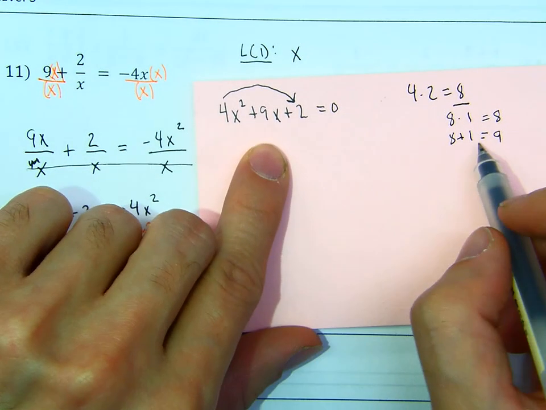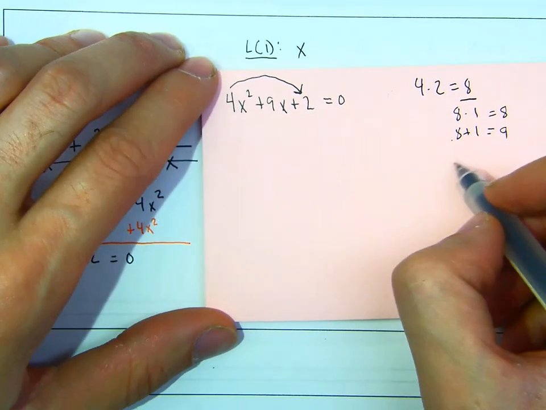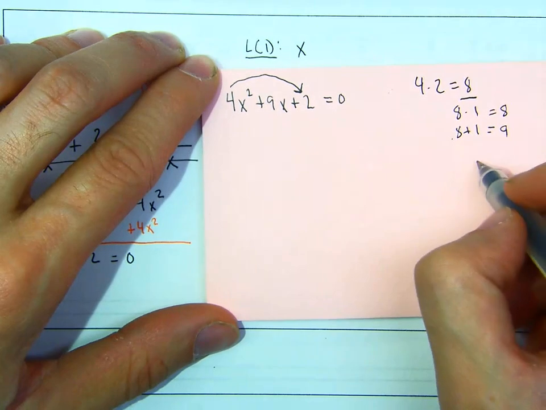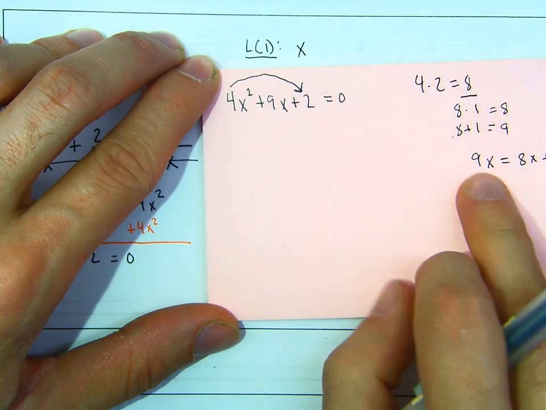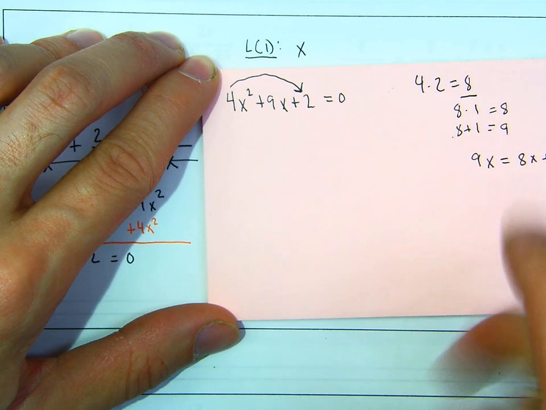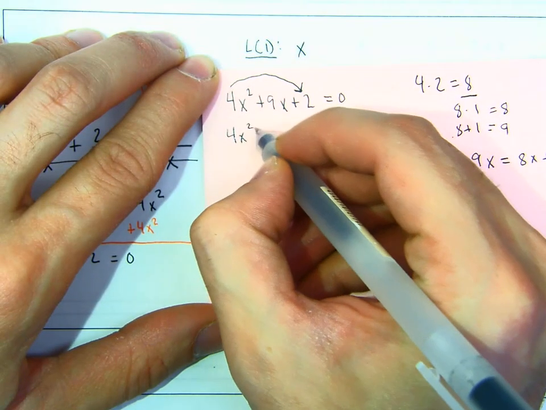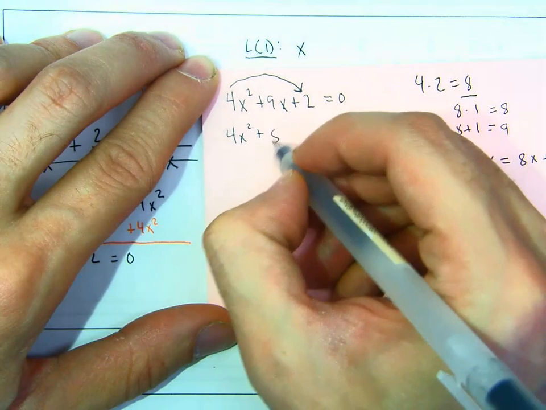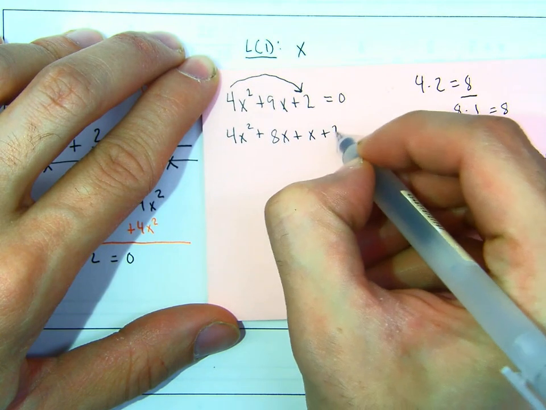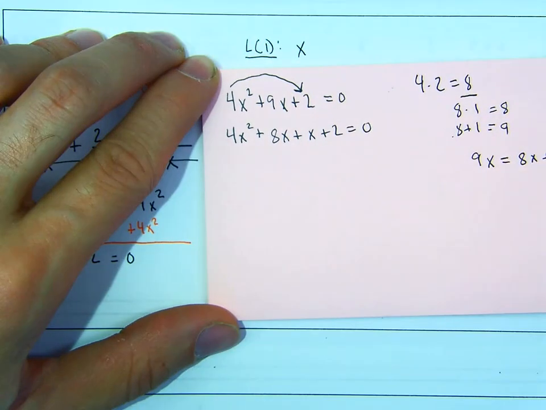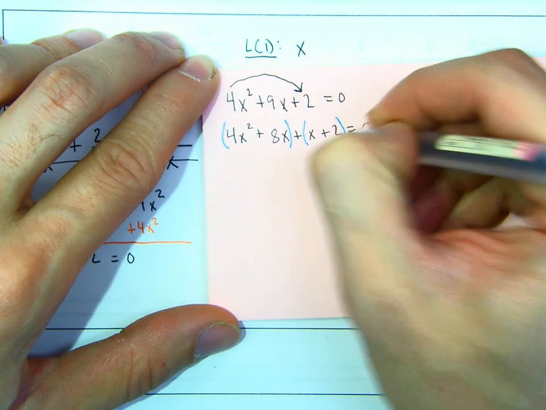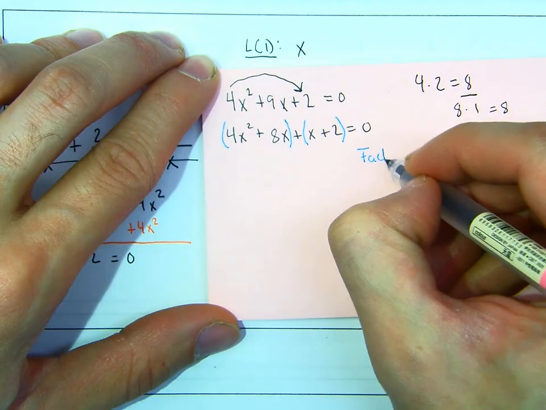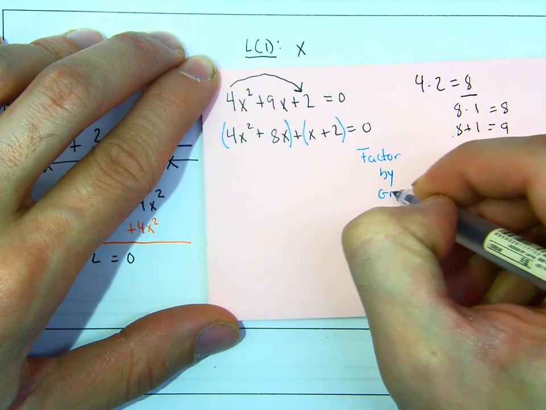And then what do you do with that 8 and that 1? Don't you remember that 9x is equal to 8x plus x? That's what you're doing. You're substituting this 9x for this. So this is 4x squared plus 8x plus x plus 2 equals 0. And then once you have this, we do our old school technique of factor by grouping.